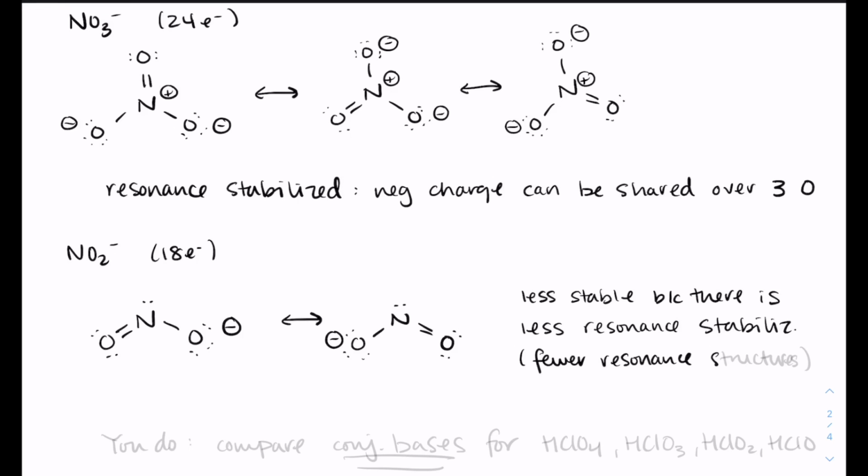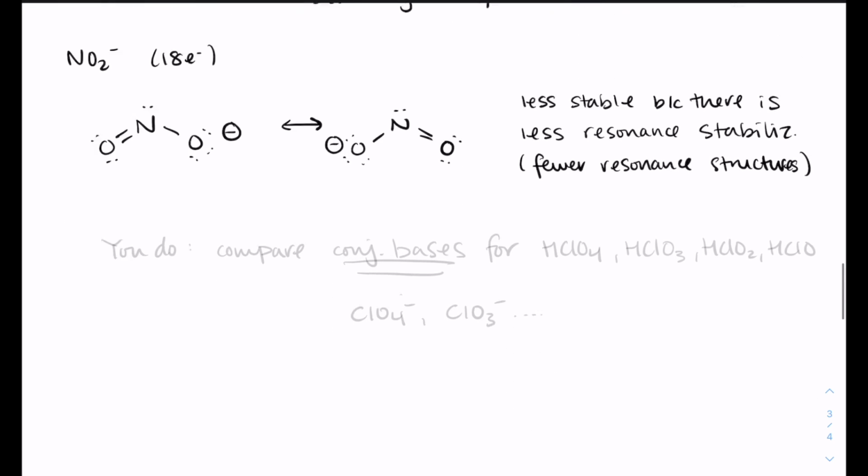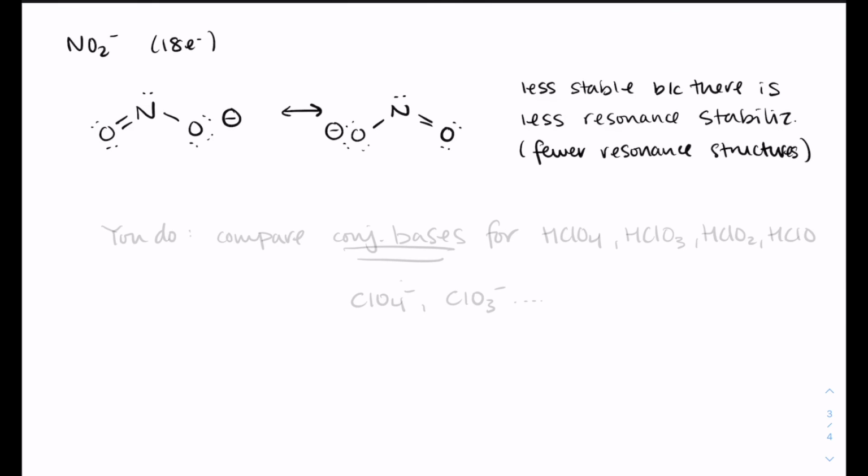It is better able to stay on its own, meaning that the H plus is not connected, making it a stronger acid. So the presence of more resonance stabilization is why NO3 minus can stay on its own, making HNO3 a strong acid compared to HNO2.